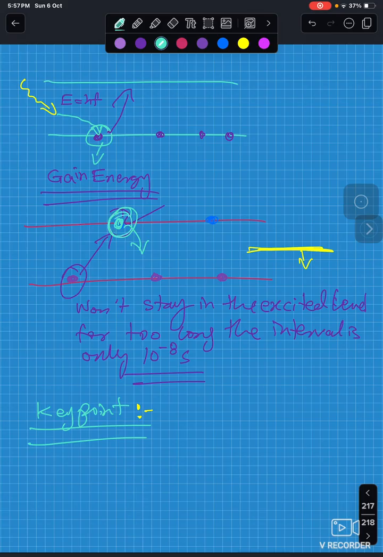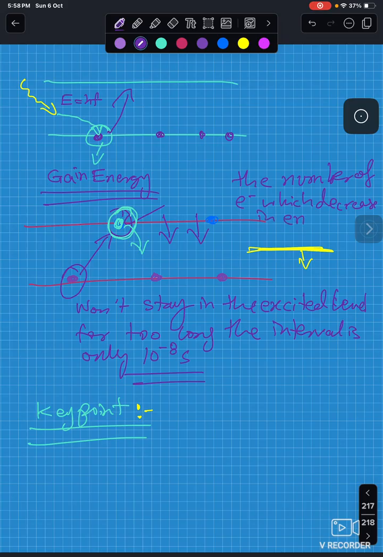The number of electrons which go down in energy level should be more.